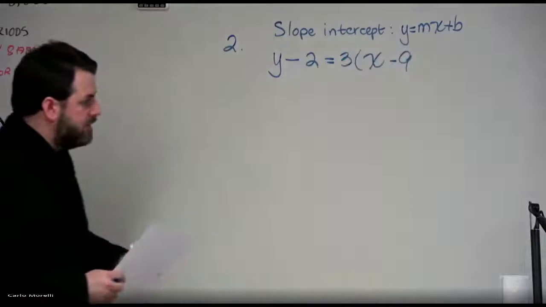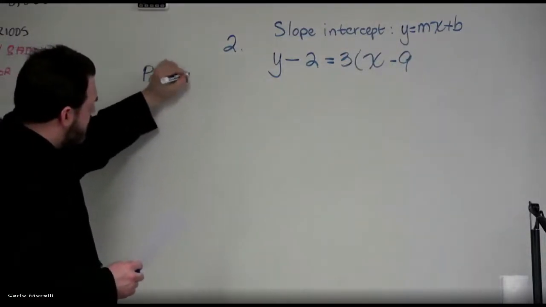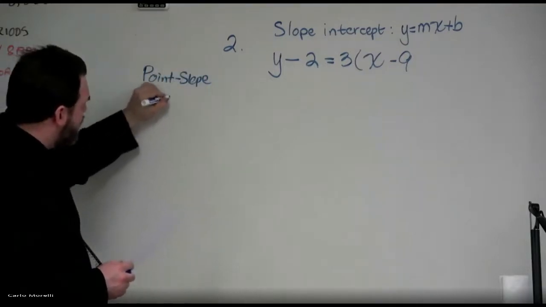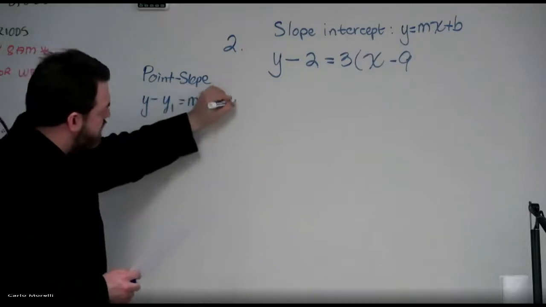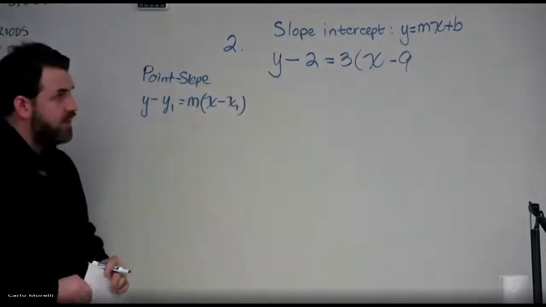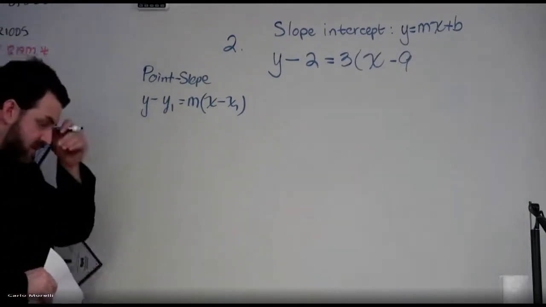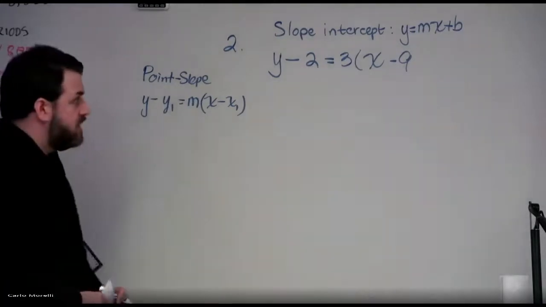Quick sidebar. The point-slope form is y minus y1 equals m, open parentheses, x minus x1, close parentheses. So this is something that I would ask in maybe an advanced class, but we'll do it in here since y'all are smart and since I'm here to help.